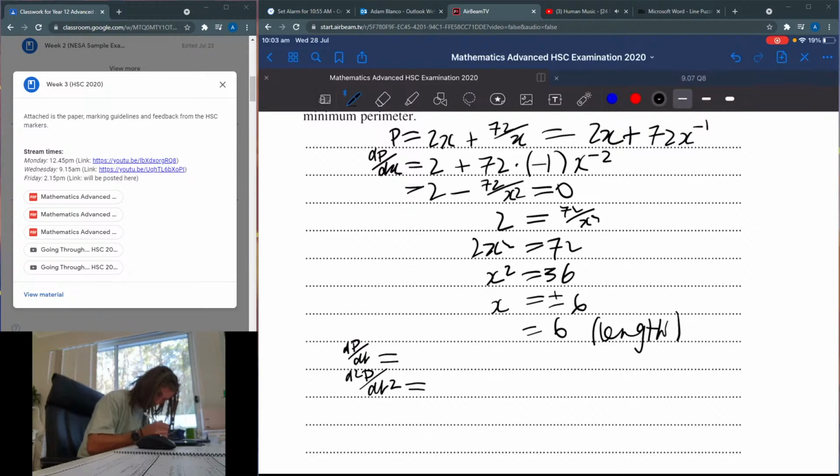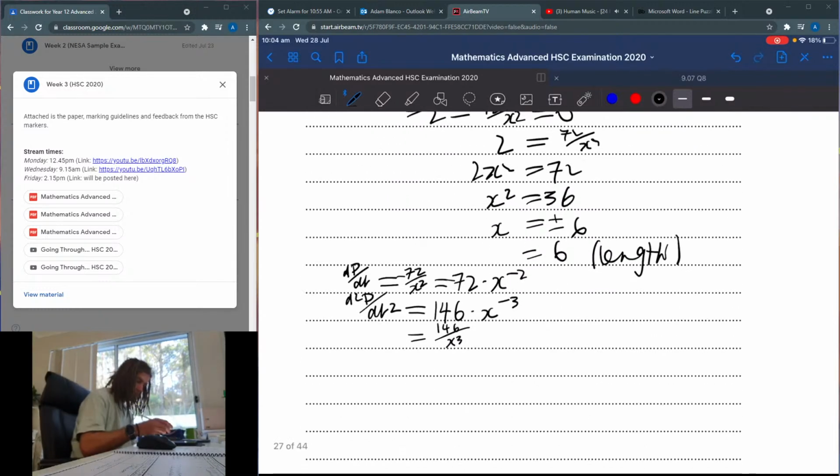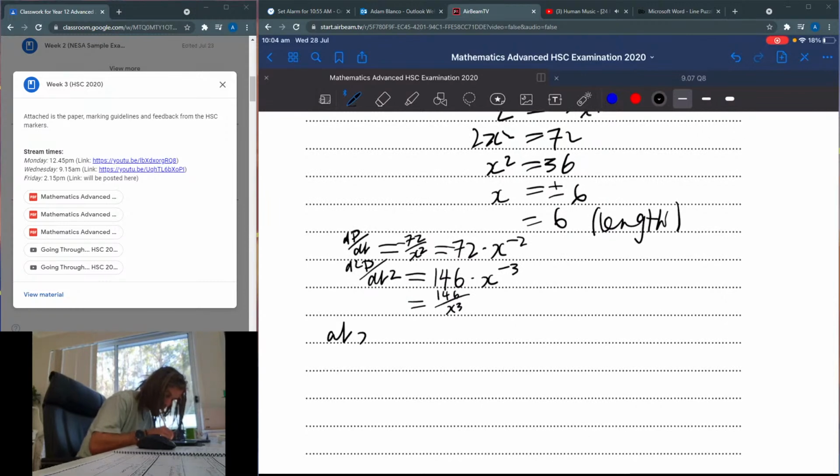I hate when they're fractions, it confuses the hell out of me. 72 on x squared is equal to 72 times x to the minus 2. There's also a minus there. So I drop that, so then it becomes 146 x to the minus 3. 146 on x cubed.